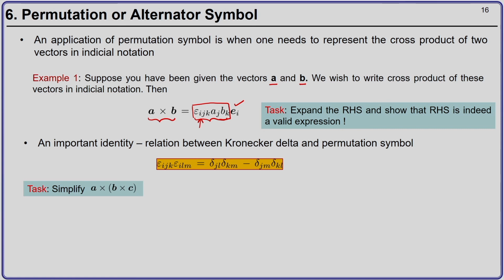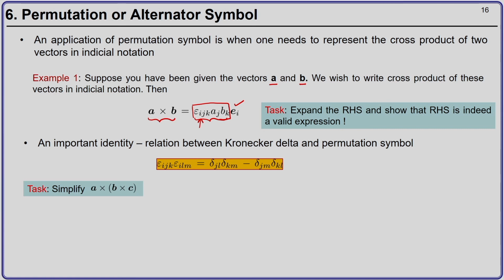So, you can expand this using the concepts that we discussed in the last slides, and then you can indeed show that this single expression on the right hand side is indeed what is given by a cross b.